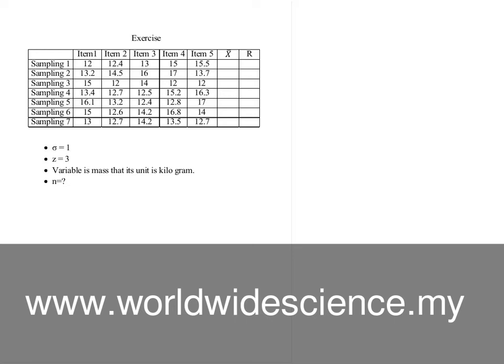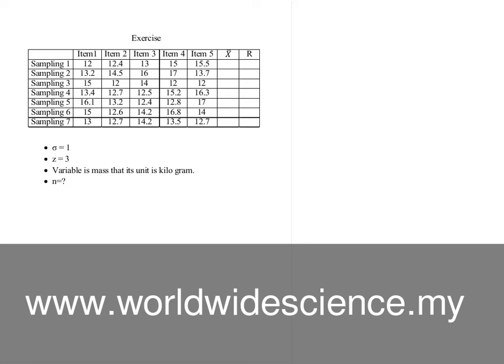The vertical axis shows you X bar. For example, sampling 1 has this X bar, so you put a point that shows the X bar for sampling 1. For sampling 2, we calculated X bar was 14.88.